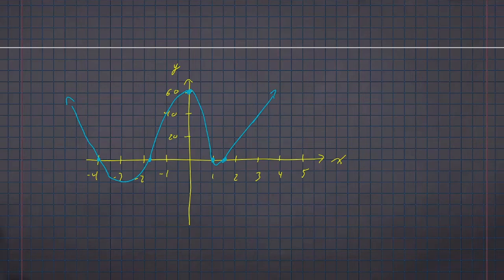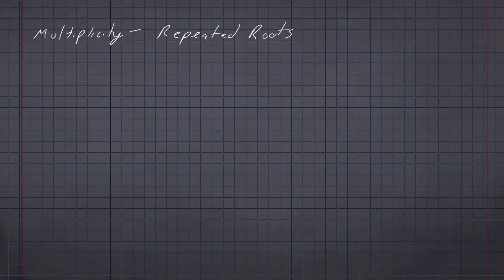There's one other wrinkle that we have to pay attention to when it comes to graphing a polynomial. And that idea is something called multiplicity. When you study quadratic equations, or you study basic polynomial equations, the idea of multiplicity is presented to you as repeated roots.